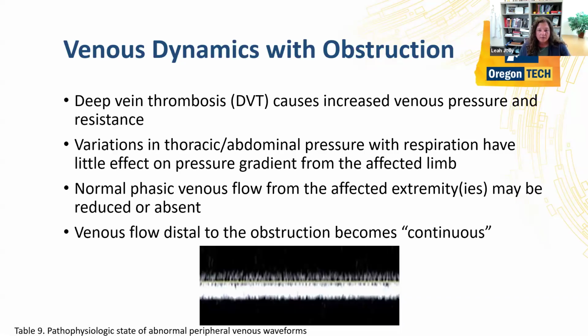So any breathing we do can't affect what's happening because there's likely either some thrombus or an extrinsic compression of a vessel between us and the diaphragm. So we get what's called continuous flow here. So no respirophasicity, no pulsatility. It's just continuous and moving forward without any real fluctuations.